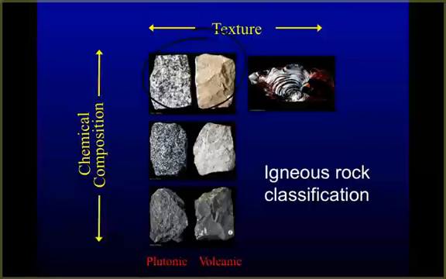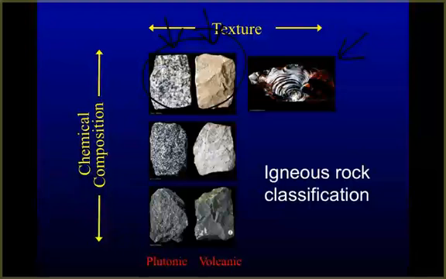Those are an example of a granite there and a rhyolite there. It's also possible to have a glassy texture, as in this obsidian that's off to the right. So we're looking at, in the granite, a phaneritic texture, in the rhyolite, an aphanitic texture, and then a glassy texture if we've got a rhyolitic obsidian.